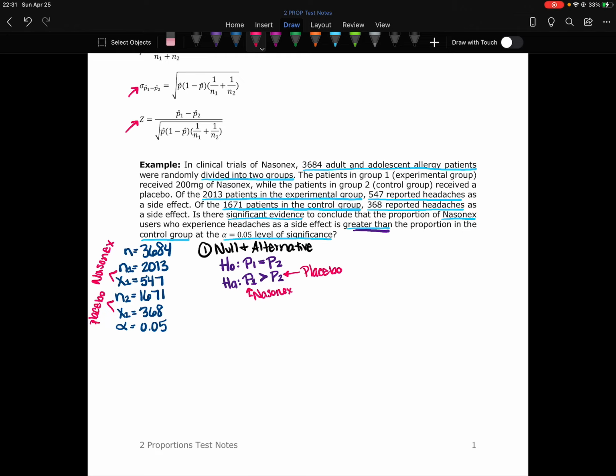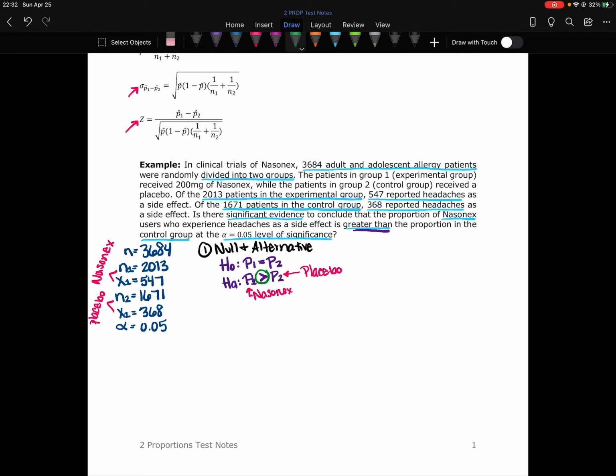If this problem had asked for us to see if the proportion on Nasonex is less than the control group, then we would simply change this middle symbol to a less than. If it had asked if the two groups were different, then we would have the not equal to. Otherwise, it stays the same. So only that middle symbol is going to change between the null and the alternative.